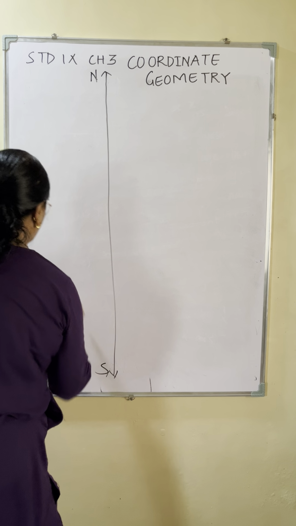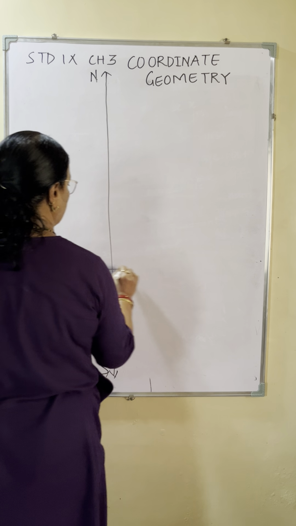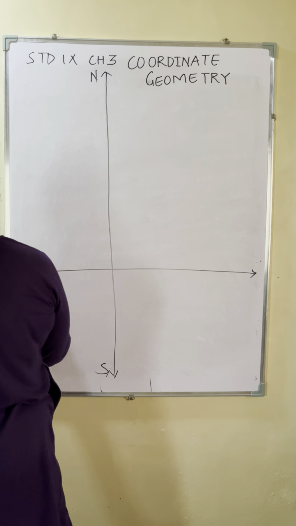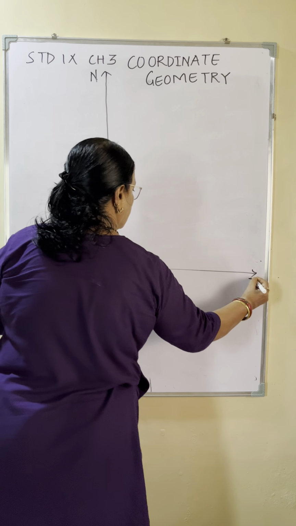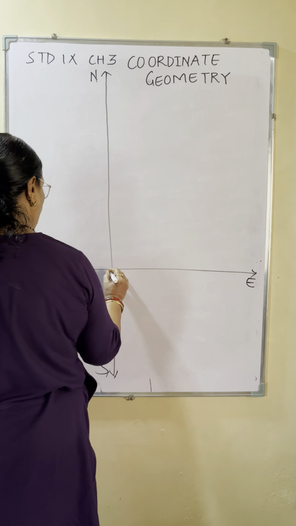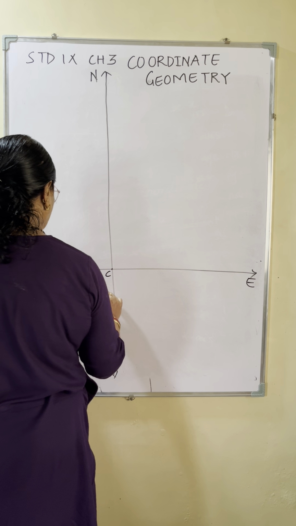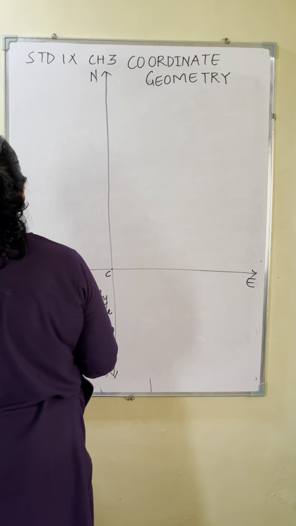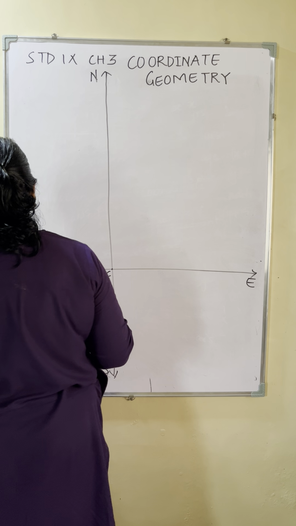Then comes east and west. And this is your city center. I'll draw the figure and then I'll explain to you. How many streets are asked?